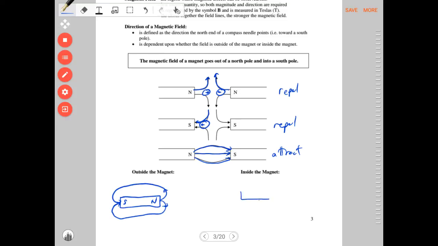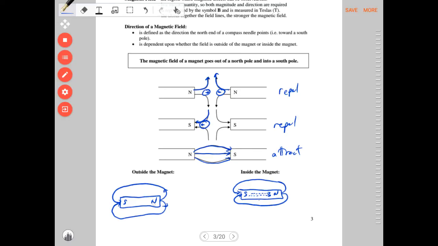Now, inside the magnet, hopefully this makes sense, if we go out of north and into south outside, then inside the magnet we have to go this way to complete the circle. So inside the magnet, we actually end up going from south to north.